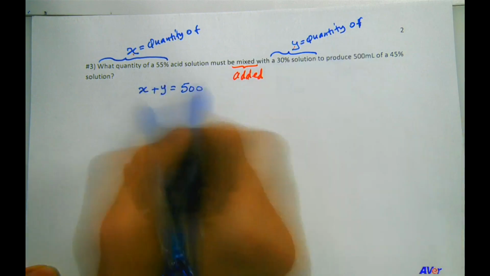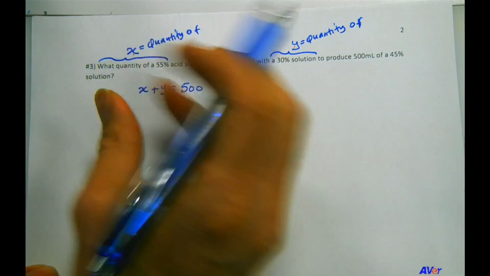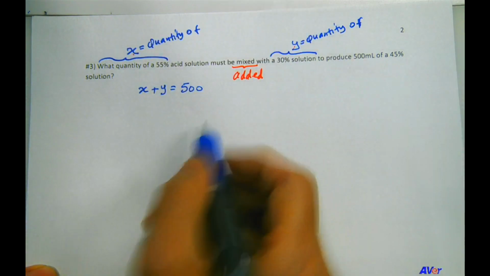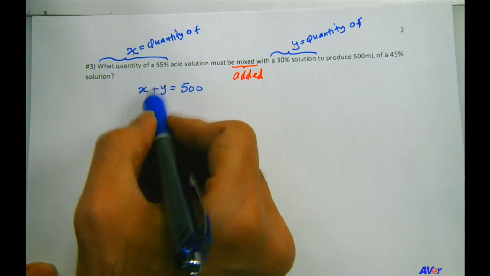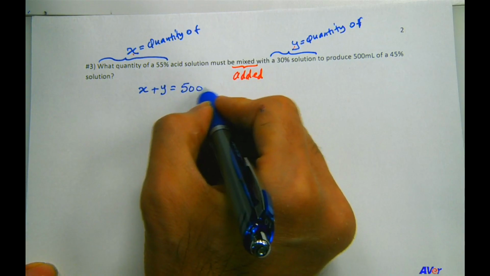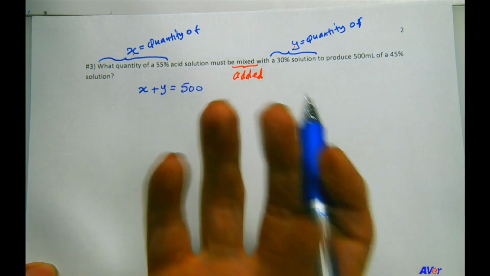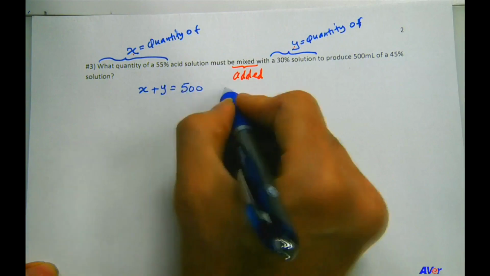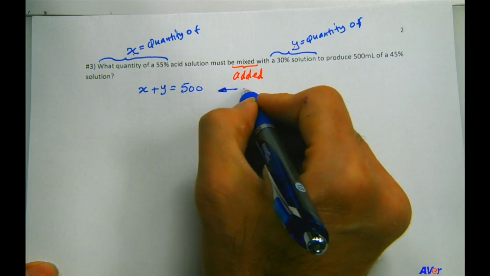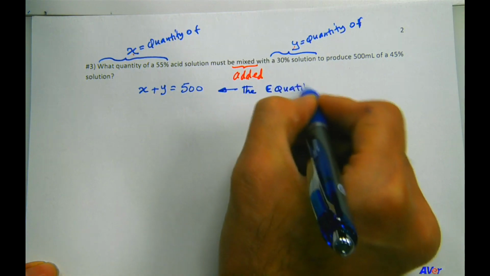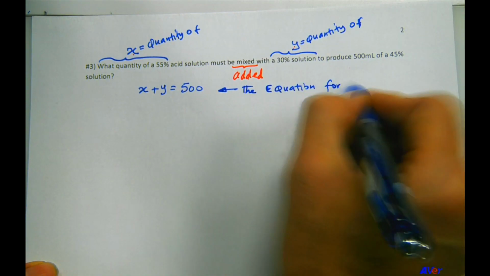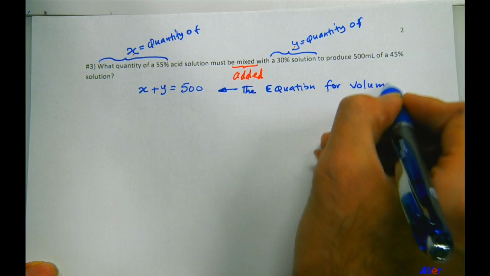So we're going to work with this equation, but we're going to expand it. Okay? So this is just the amount of the volume. This is the volume equation. The equation for volumes.